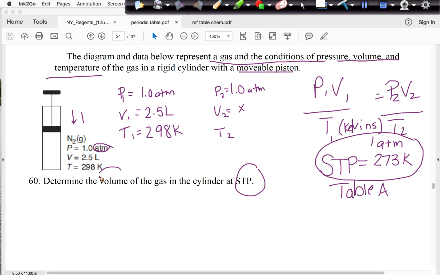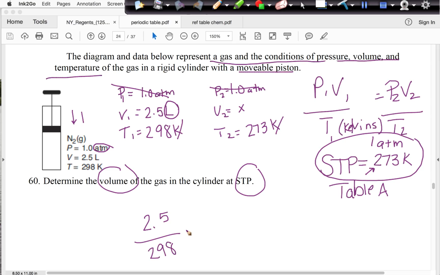My V2 is what I'm looking for, and my T2 is my standard temperature of 273 Kelvin. These stayed the same, so they don't need to be in the math. Kelvins and kelvins cancel. My answer comes out in liters. I put my V1 over my T1, and I set it equal to my V2 over my T2.